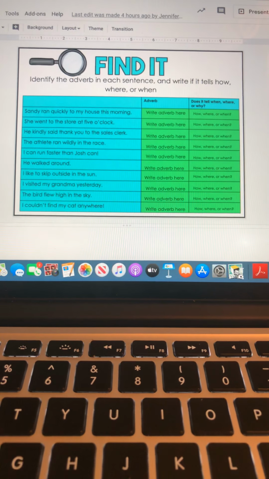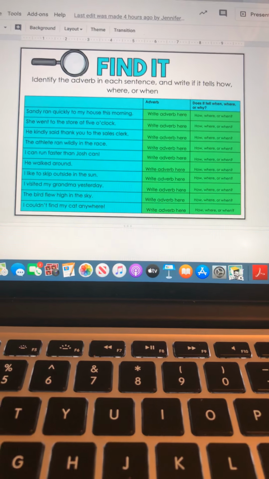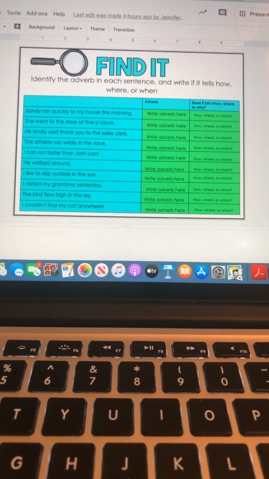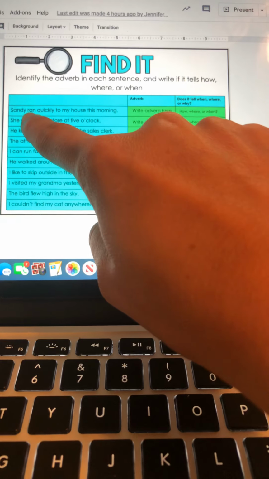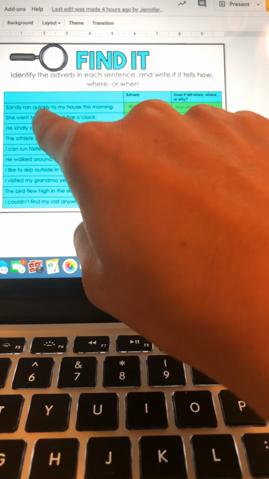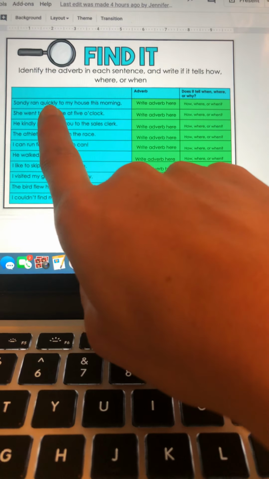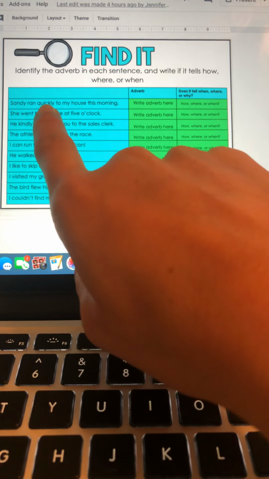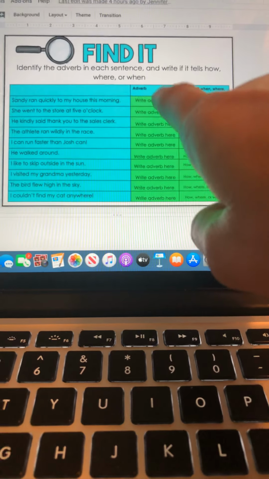Sandy ran quickly to my house this morning. All right, so the verb is ran. How did she run? Quickly. So the adverb is quickly, so I'm going to write that here.